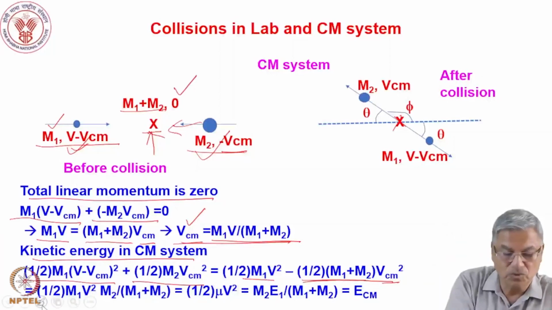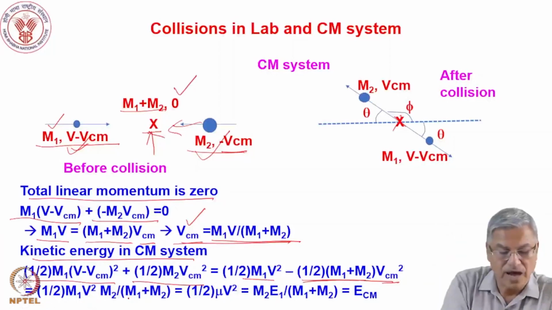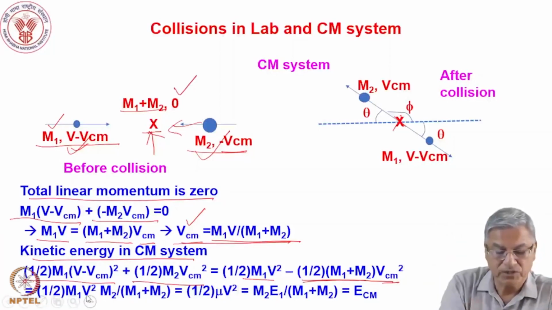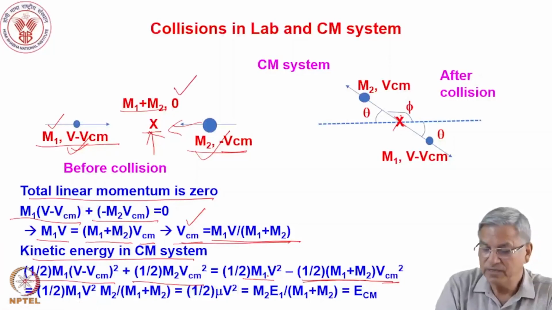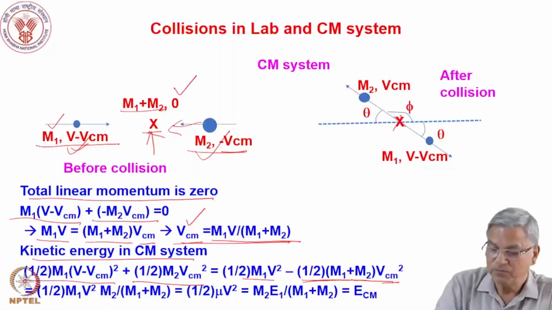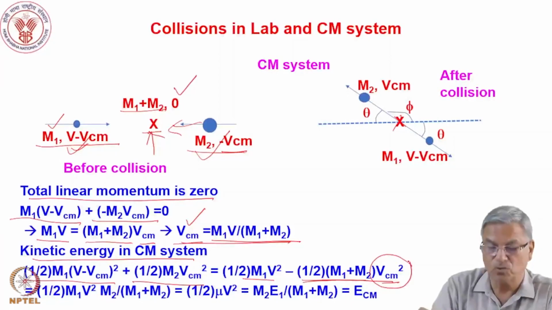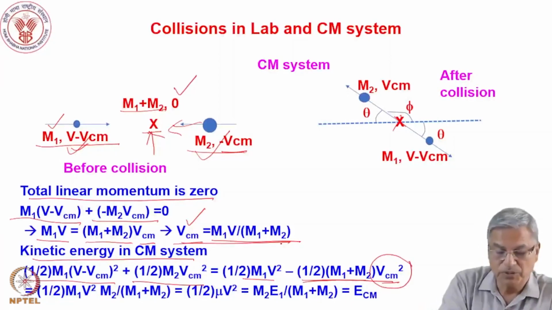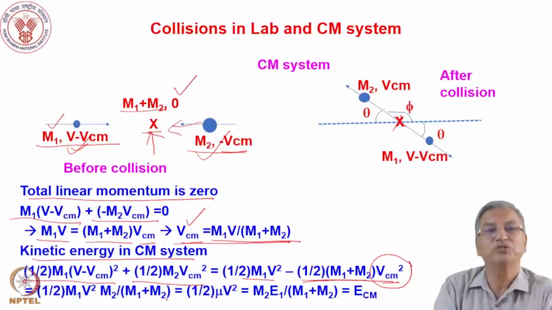So it is equal to half m1 V square into, if you solve this, you put VCM equal to m1 V upon m1 plus m2, then it becomes half m1 V square into m2 upon m1 plus m2.